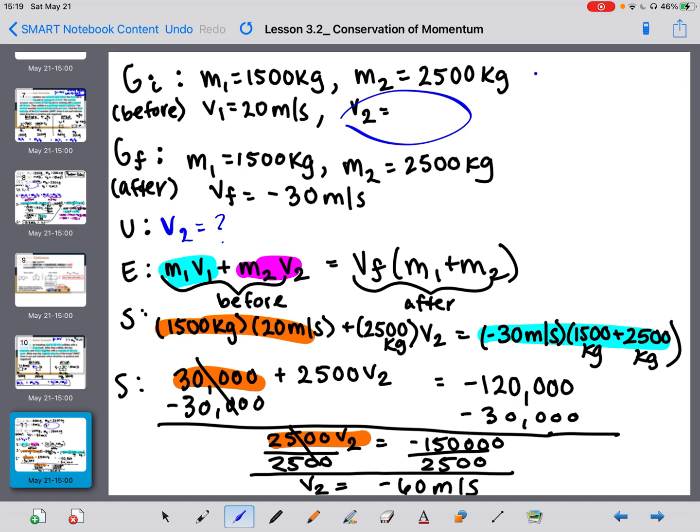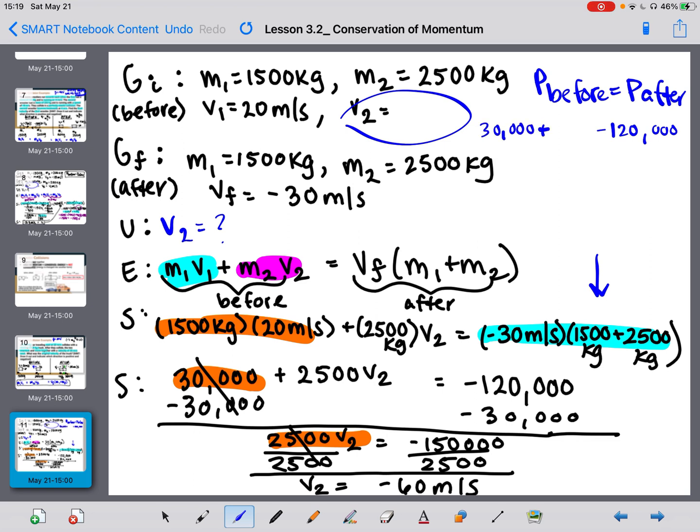And to check to make sure that P before equals P after, we know that this side is negative 120,000, and we know that that was 30,000. So actually let me rewrite this. We have 30,000 plus 2,500 times negative 60 equals, and I'll put my negative 120,000 there.